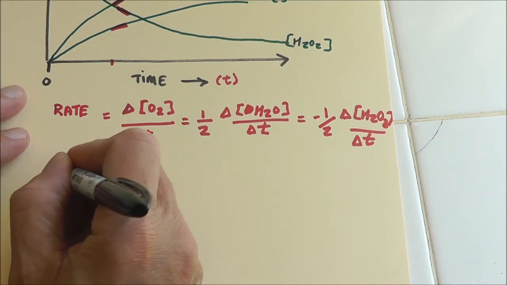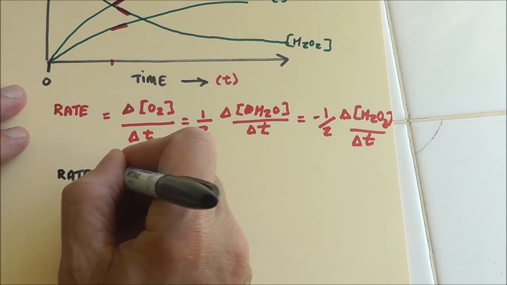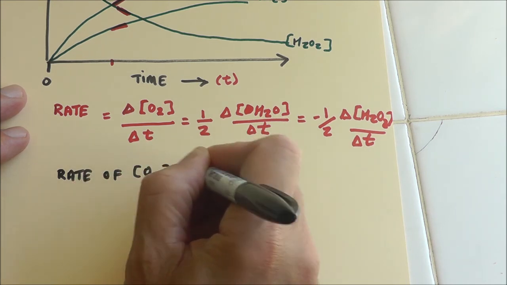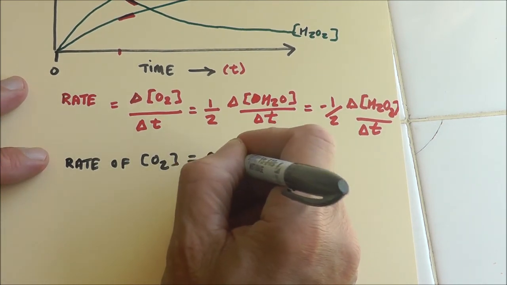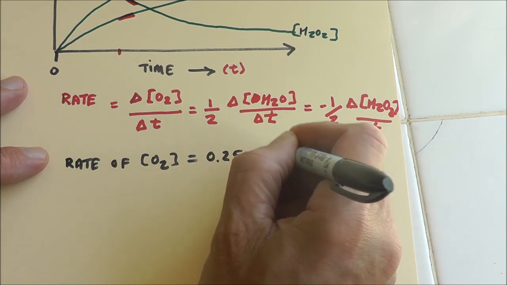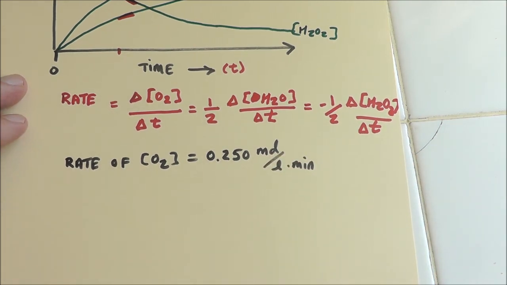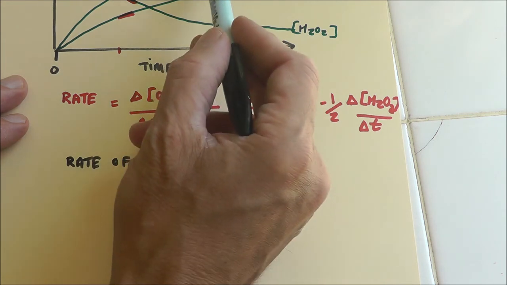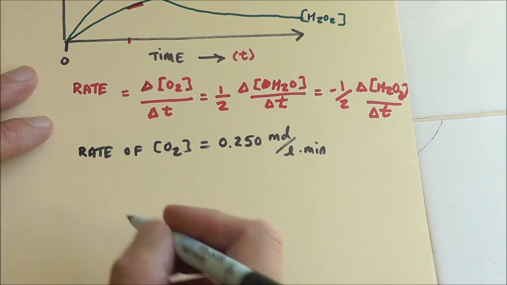We would say if the rate of concentration of O2 is, and I'm just going to make some numbers up, 0.250 moles per liter per minute, then I would know that it would be double that rate for the H2O.